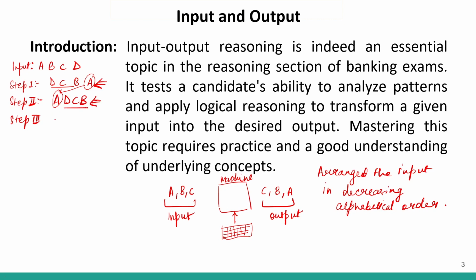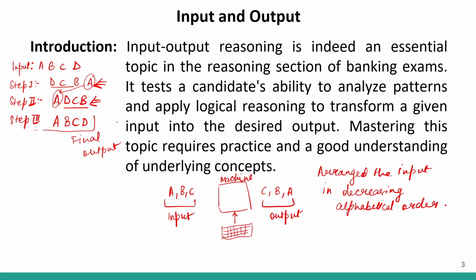Now the machine gives you A, B, C, D. So now the machine has again put them in the increasing order of alphabets. So this is your machine input and output. Basically, certain operations are done and then you get a final output. This will be my, let's say, final output. So the machine has performed certain operations in certain steps and then given me the final output.